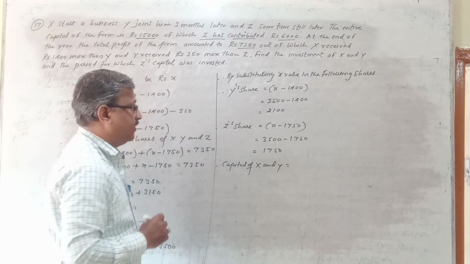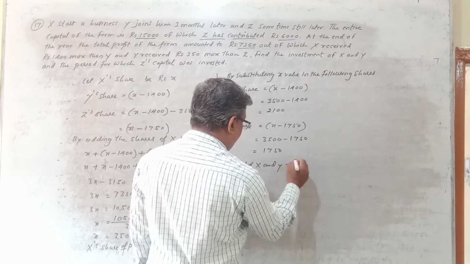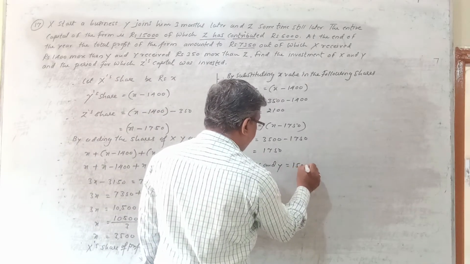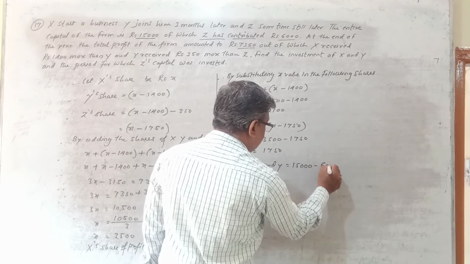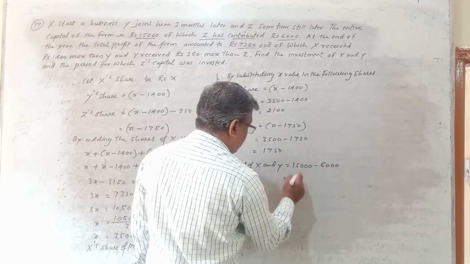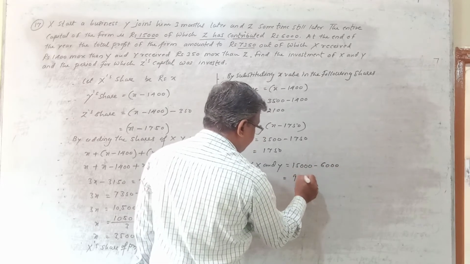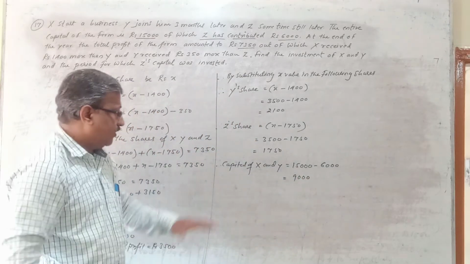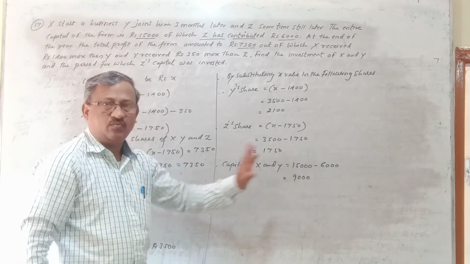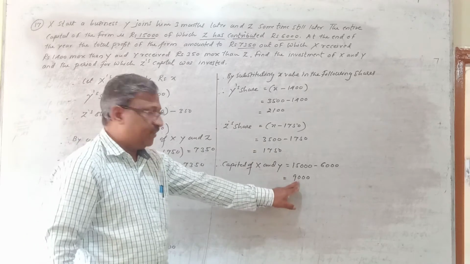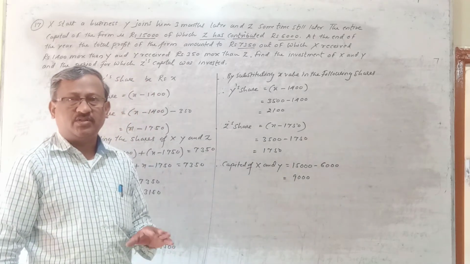So capital of x and y is equal to, from the total capital 15,000, you minus z's capital 6,000. So we get 9,000. So 9,000 is the capital of x and y.